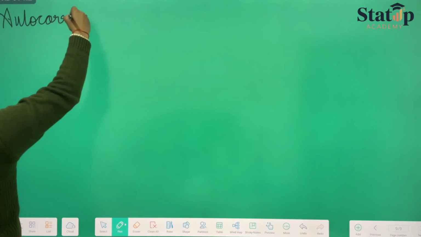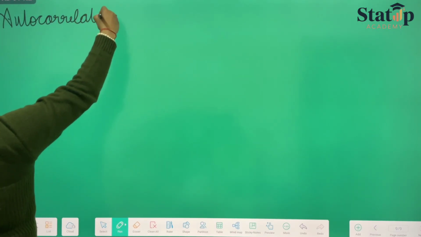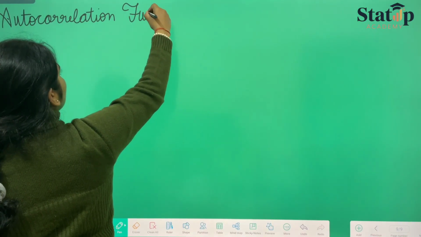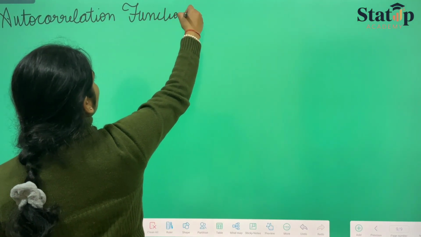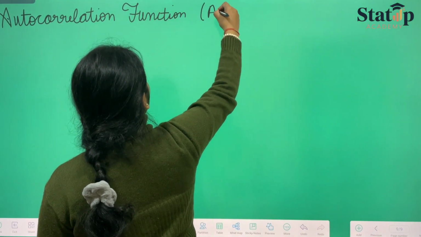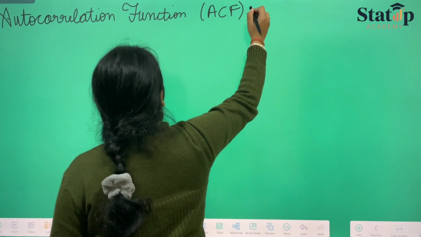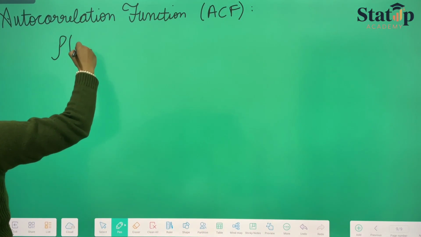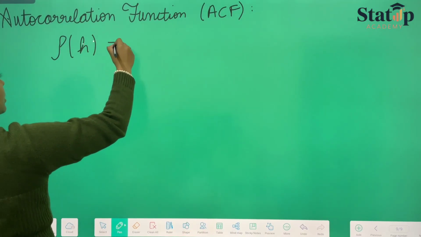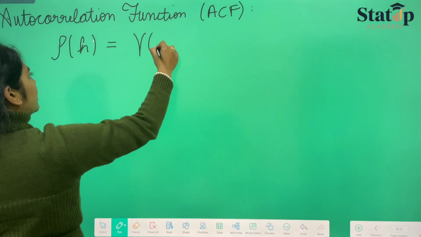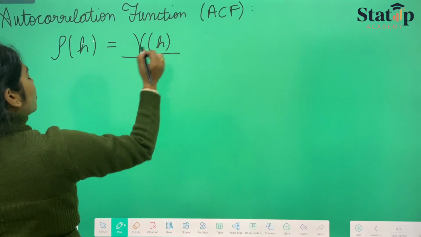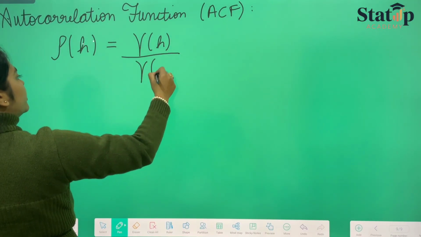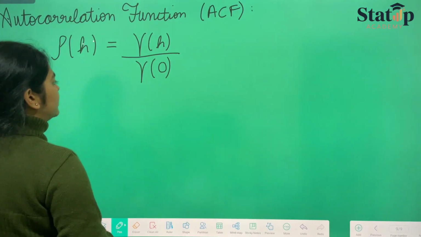Now the second one would be our autocorrelation function, or it can be written as ACF. We know that autocorrelation with lag h is represented by rho h, which is nothing but gamma h, the autocovariance function with lag h, upon the autocovariance function with lag 0.